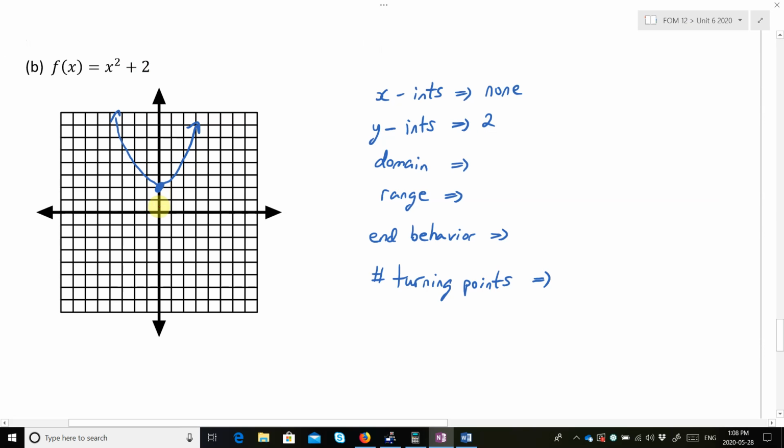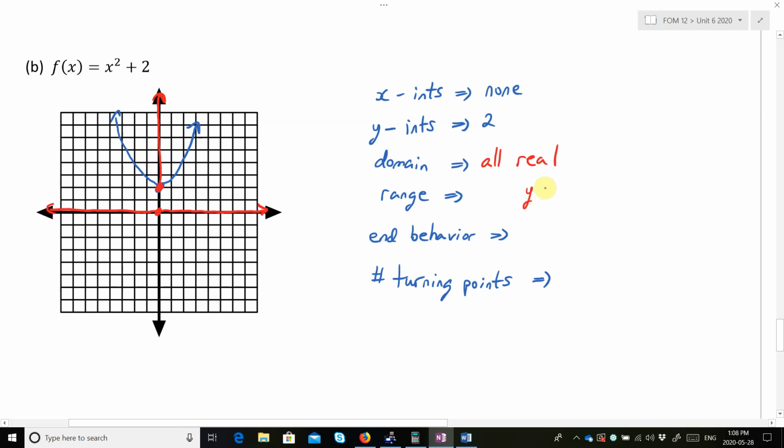The domain is all of the x values used, how far to the left and right the graph goes. So it goes that far left, and it keeps going this way to the right. So the domain is all real. And the range is how high and low on the y-axis it goes. So there's the lowest y point, and then the graph goes up from there.